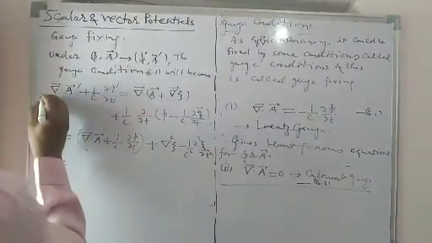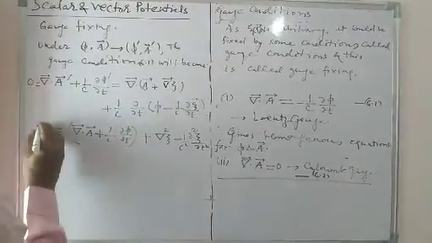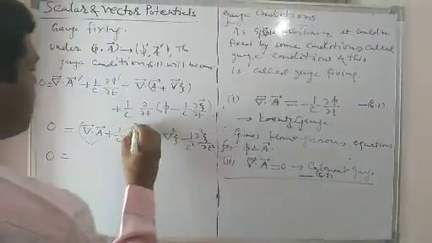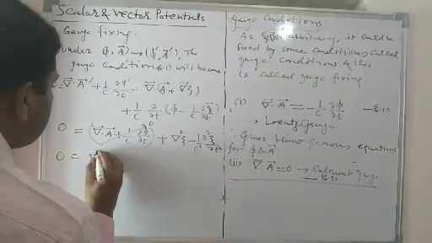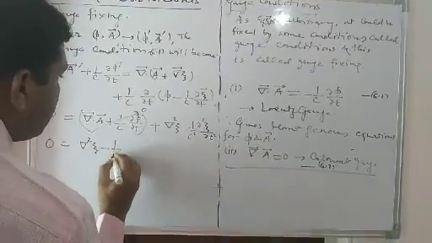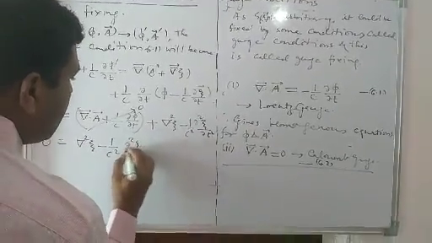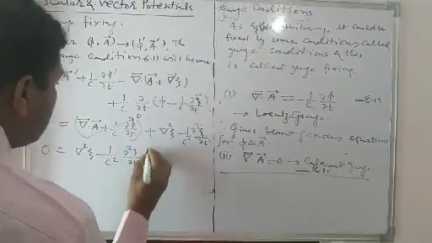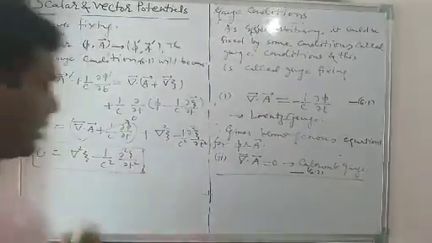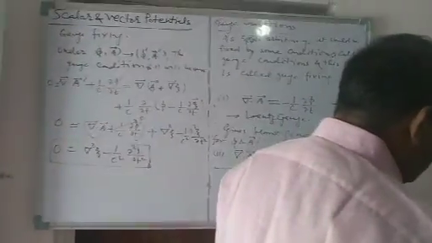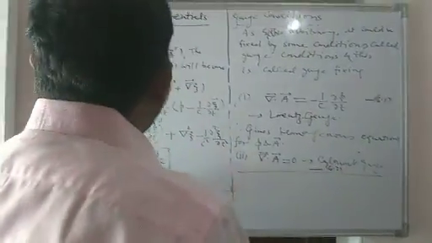Because this is supposed to be 0, this is anyway 0. So this means we will get del squared xi minus 1 over c squared del squared xi by del t squared equals 0.